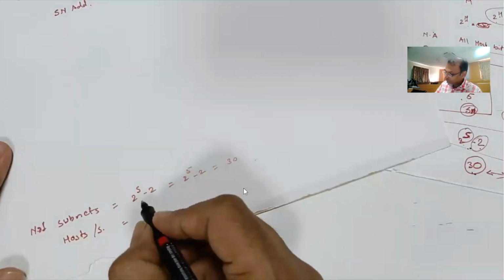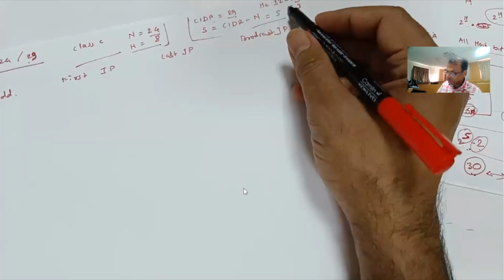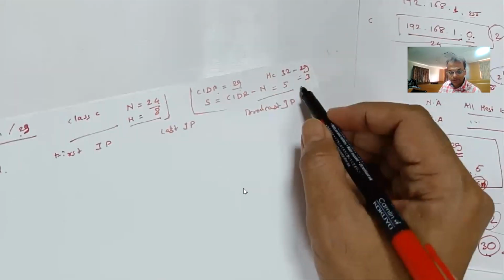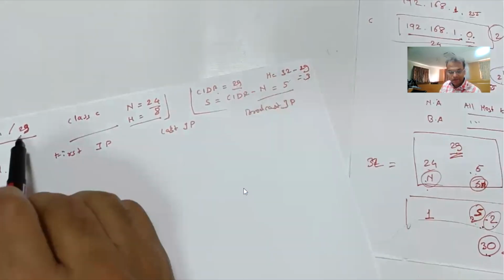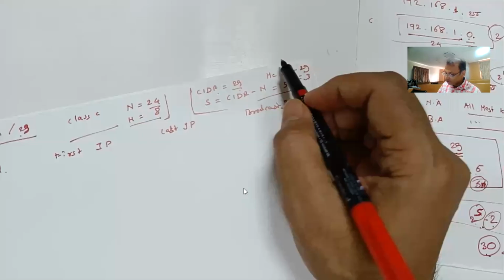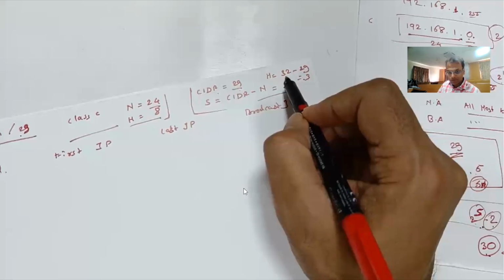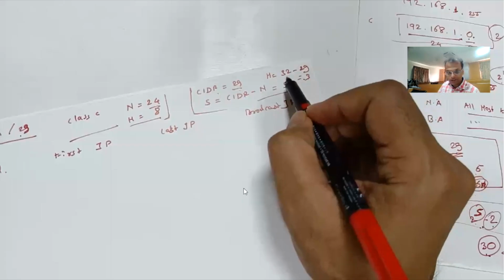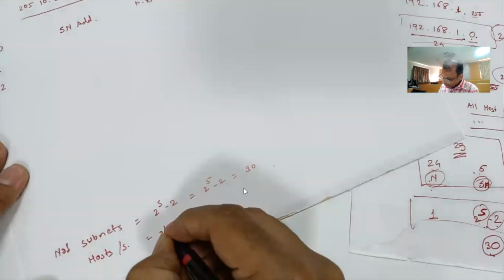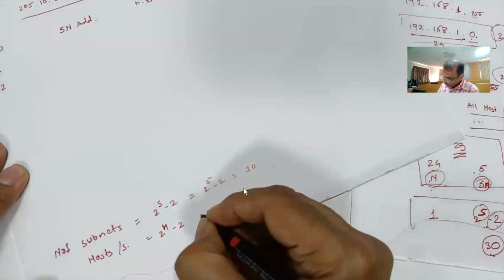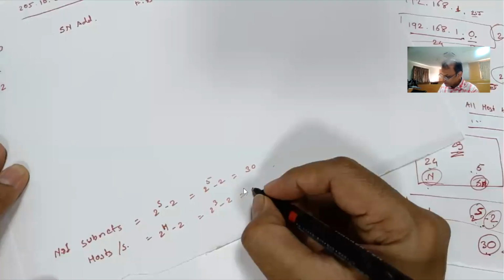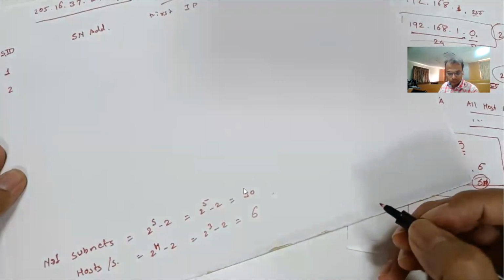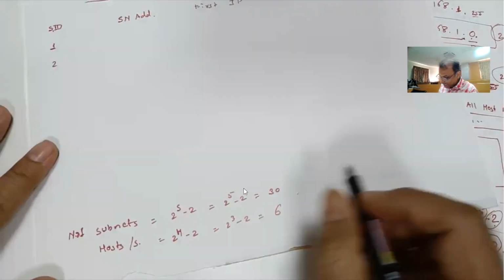What is the value of H you have got? 3. Given CIDR value, you subtract from the total number of IP address bits, which are 32. So that becomes 3. So 2 raised to H minus 2, that is 2 raised to 3 minus 2. That is 8 minus 2 is 6. Okay, so this is the answer of A.